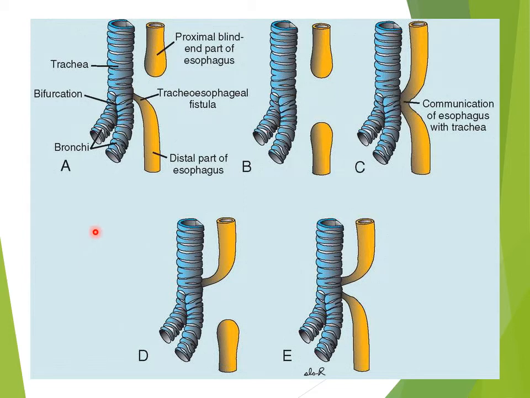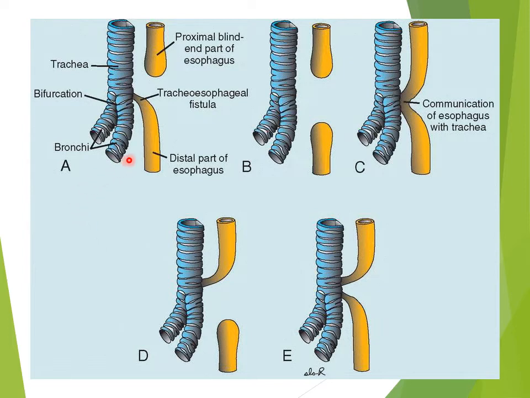If it is a complete recanalization failure, that is known as esophageal atresia, and partial recanalization failure is going to give rise to esophageal stenosis. So this stenosis and esophageal atresia are because of the recanalization failure.